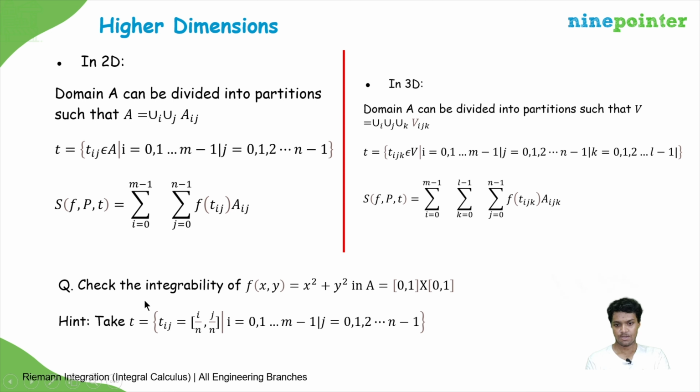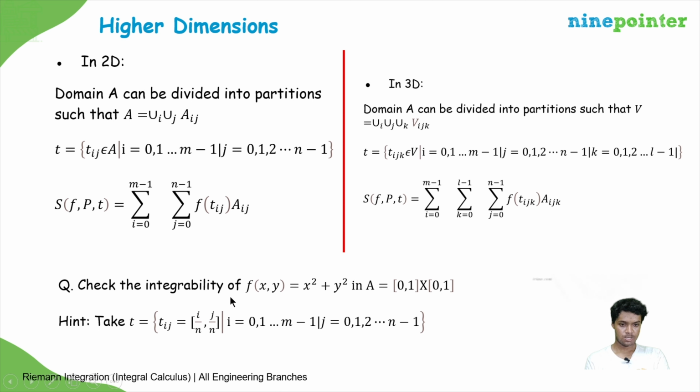So here is a question which you can solve. We have to check the integrability of f(x, y) equal to x square plus y square in this rectangle. So here we can take t(ij) as this. This is the tag we can take, and as I said, i can be divided into m subintervals and j can be divided into n subintervals.